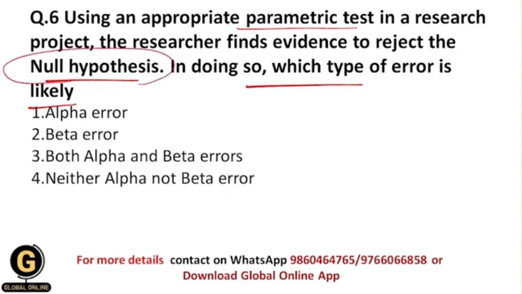Okay, so whenever he is rejecting the null hypothesis, in that situation what type of error will occur? Whether alpha error will occur, or beta error will occur, or both alpha and beta errors will occur, or neither alpha nor beta error will occur.